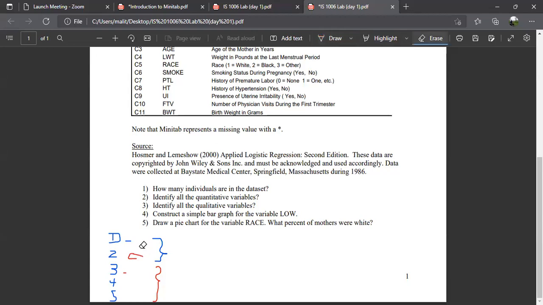Let me type it. Numerical, the second one, and the fourth one, categorical versus categorical.